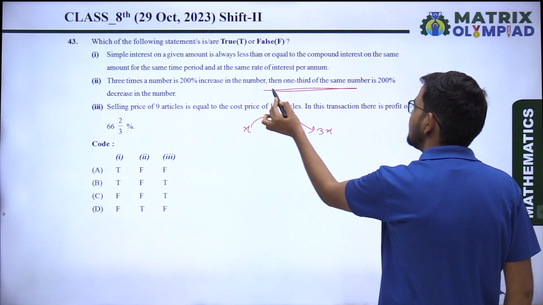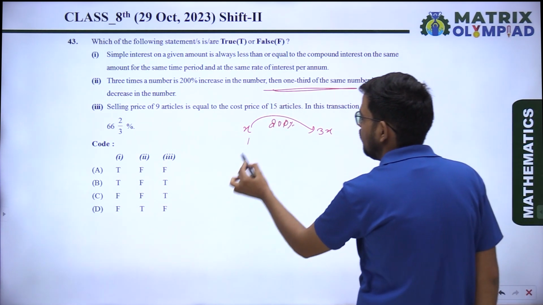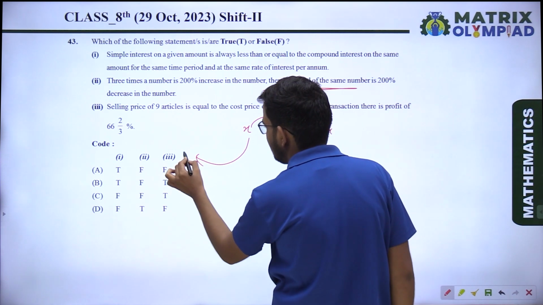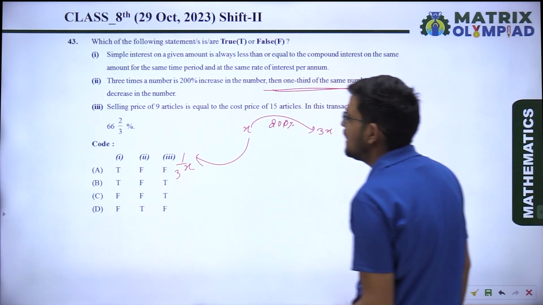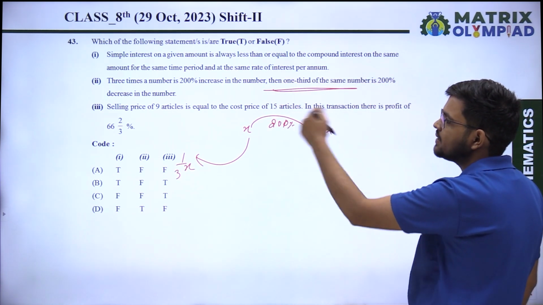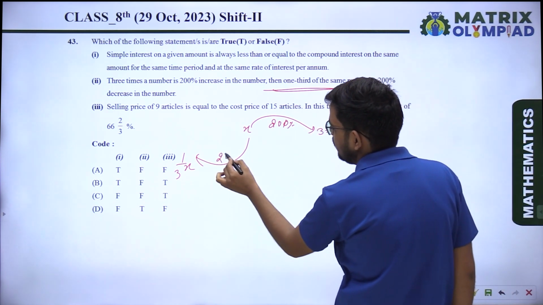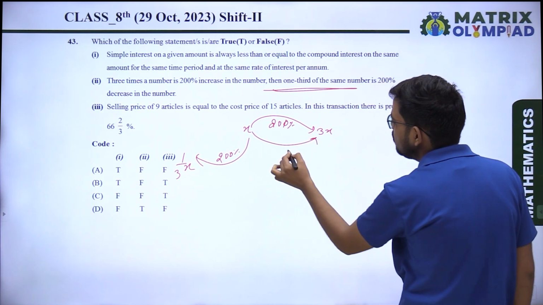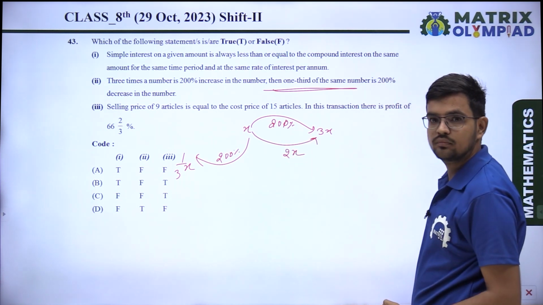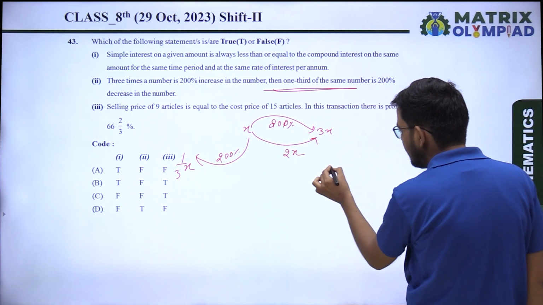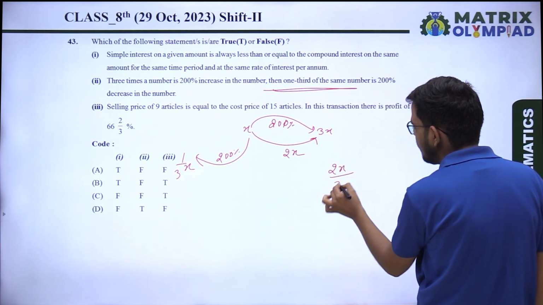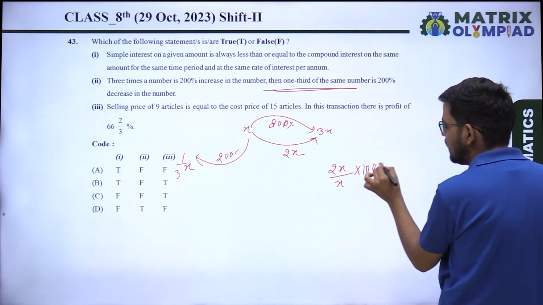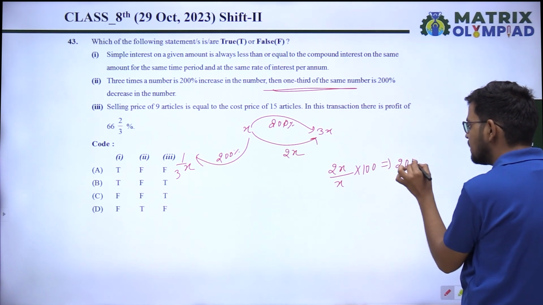Then 1/3 of the same number, that is 1/3x, is a 200% decrease in the number. Let's check. The difference is 2x. So the increment will be 2x upon x into 100%. So that is 200%.